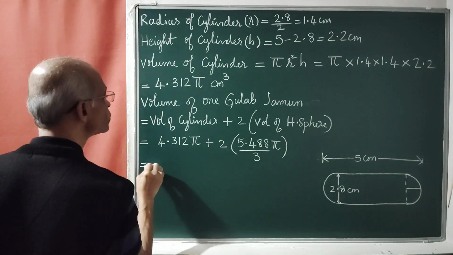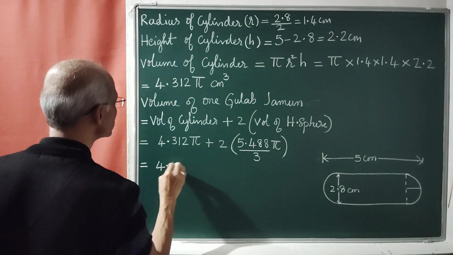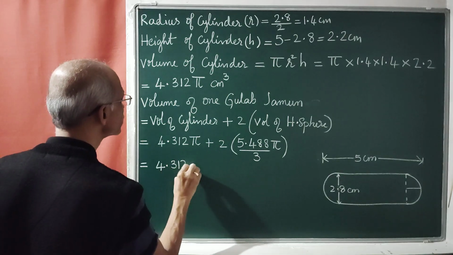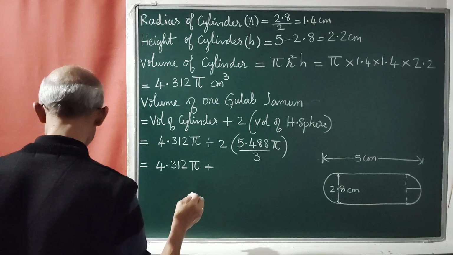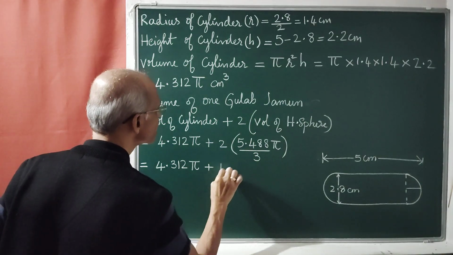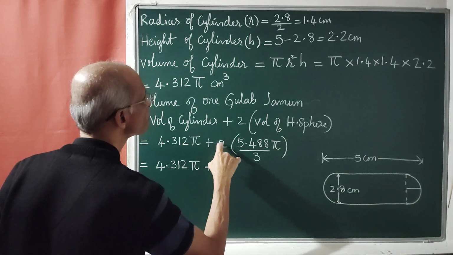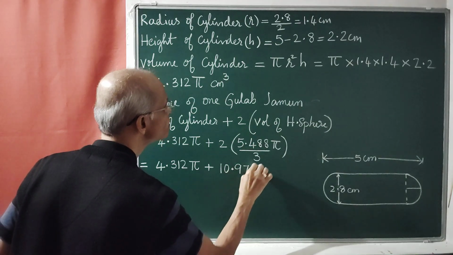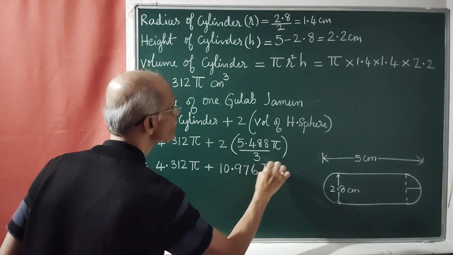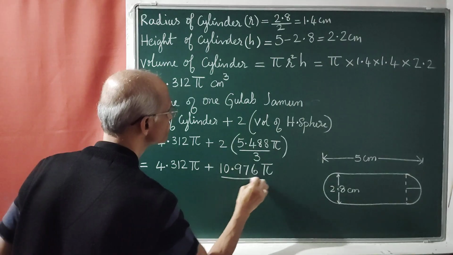That's equal to 4.312 pi plus 10.976 pi by 3.